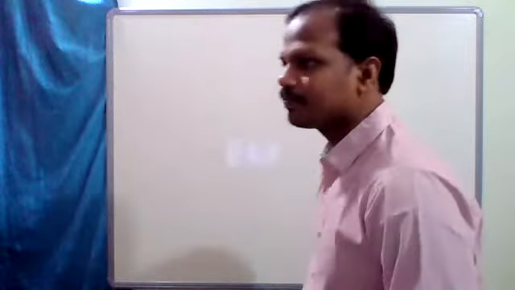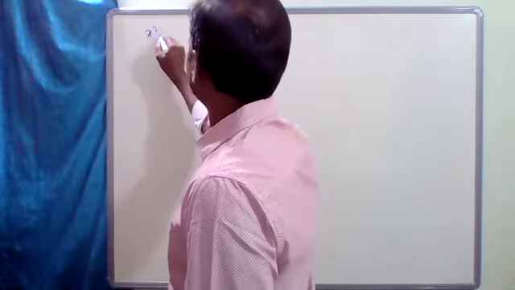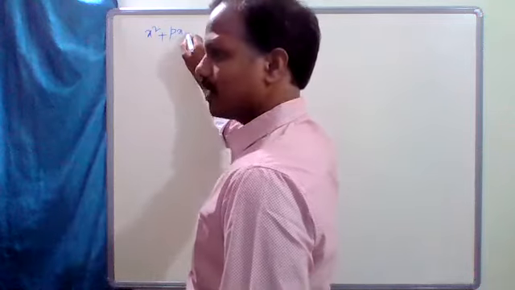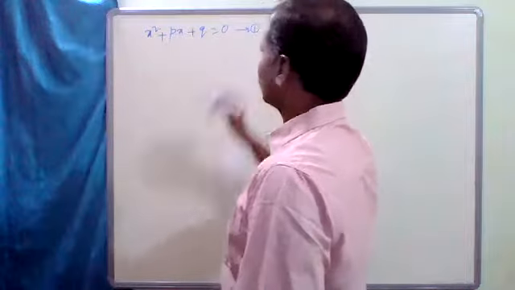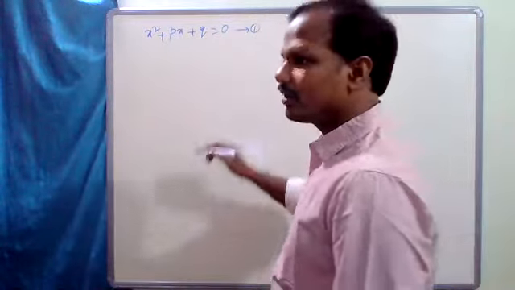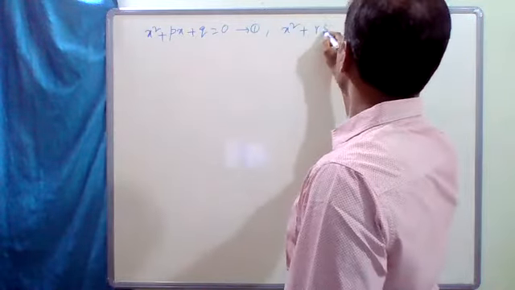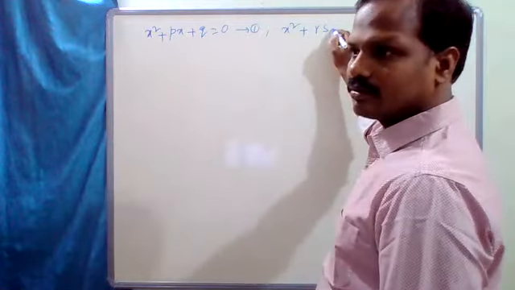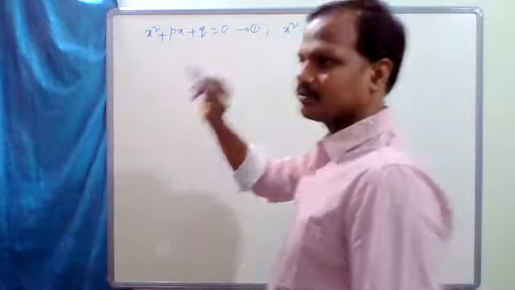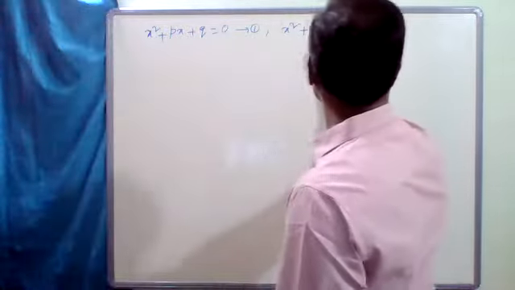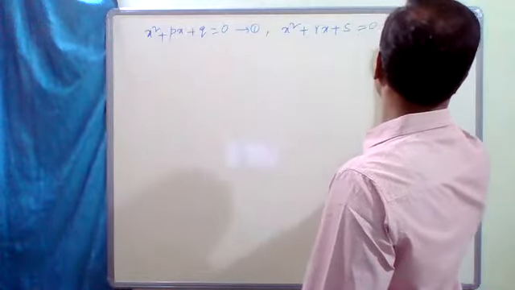So the problem is x square plus px plus q equals 0, and x square plus rx plus s equals 0.